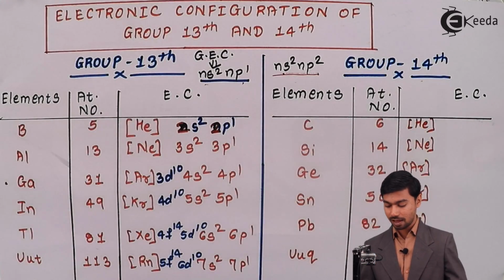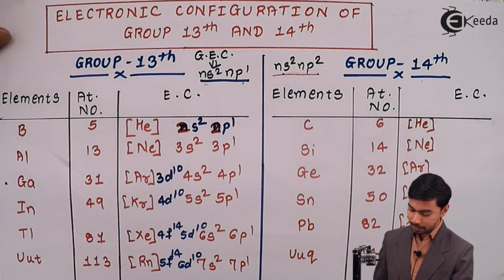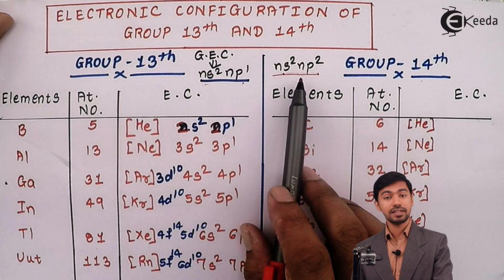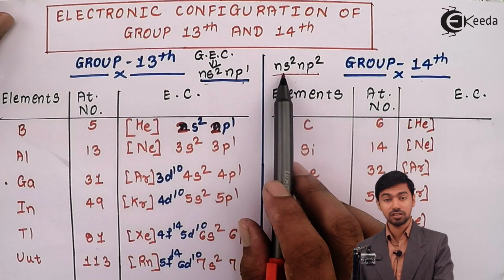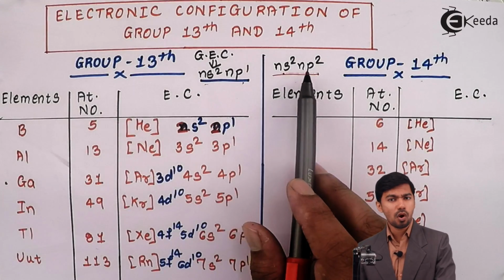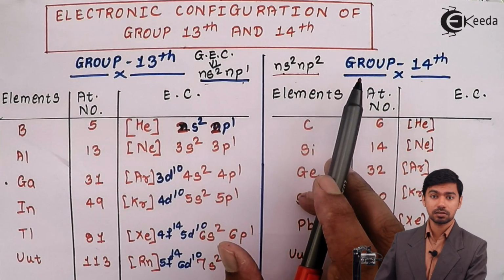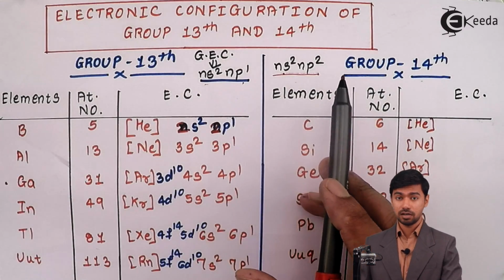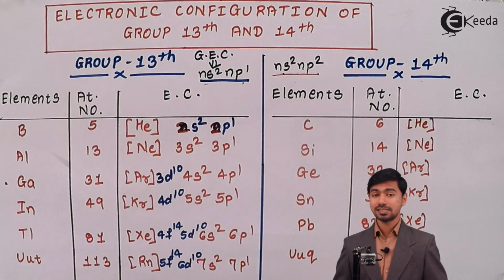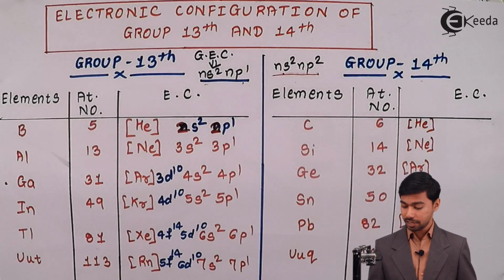So how things happen now, let us see. In the general electronic configuration, there is a small letter n. What does it stand for? As we have already discussed in group 13, n is nothing but the number of shells, or we can simply say the number of the period.